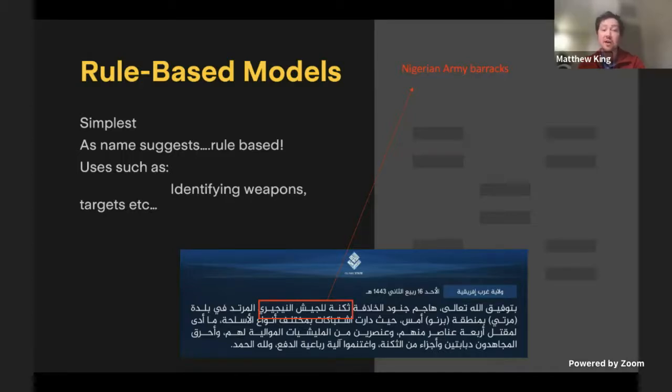It might be identifying a target within it, such as a Nigerian army barracks. We may then want to classify that as Nigerian military, and we may have a number of if-then rules that would cover things like Nigerian army barracks, vehicle, soldier, all within that classification of Nigerian military as our own category of target. So that's one way that we use AI.